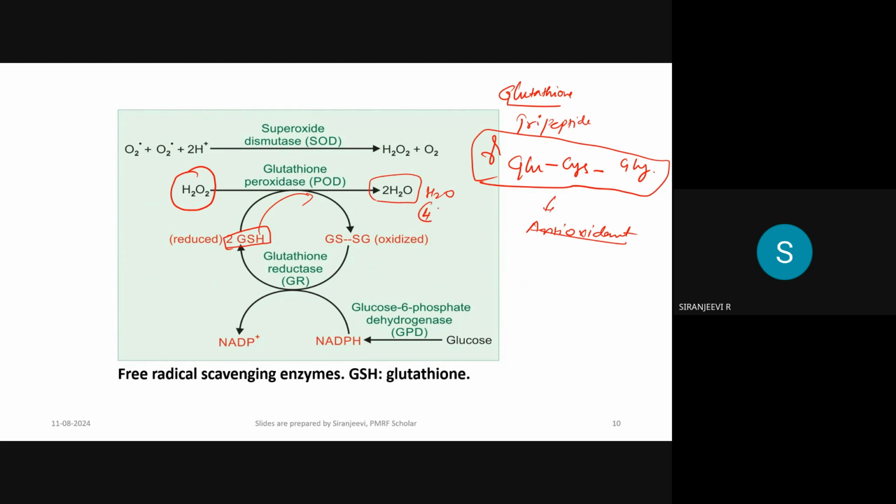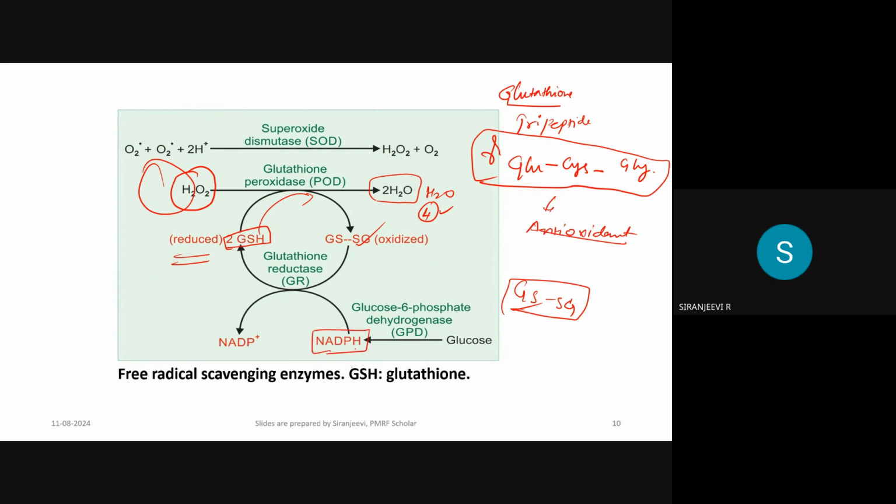Then the glutathione will become oxidized. Whenever this is happening, the oxidized glutathione should always be reduced to do this function. The reduced form of glutathione is needed for the antioxidant function. This reduction is done by the NADPH.